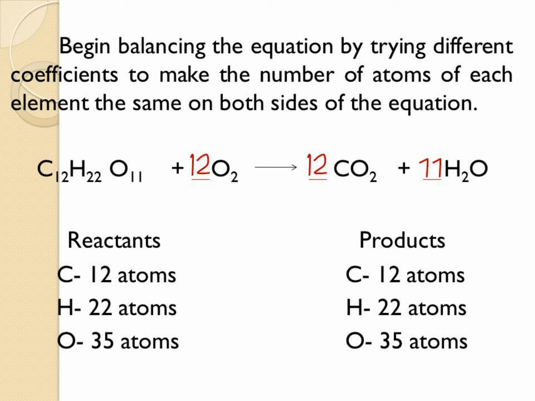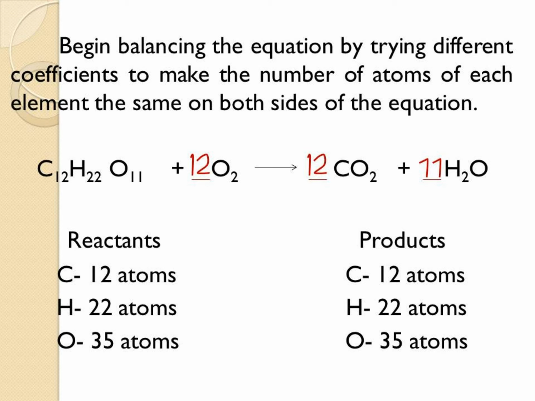Carbon on the reactant side is 12, on the product, because of the coefficient 12, carbon becomes 12 atoms also. Hydrogen rather is 22 on the reactant side.